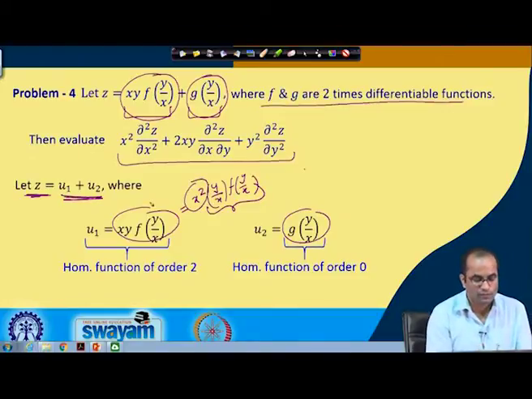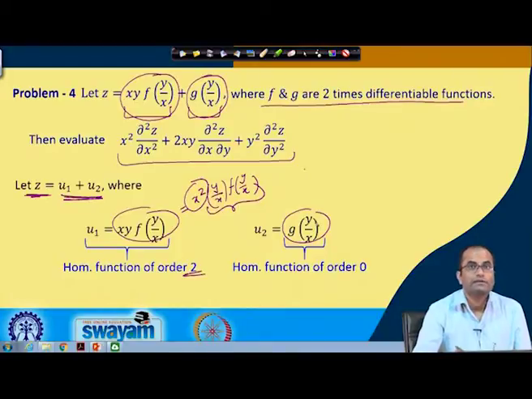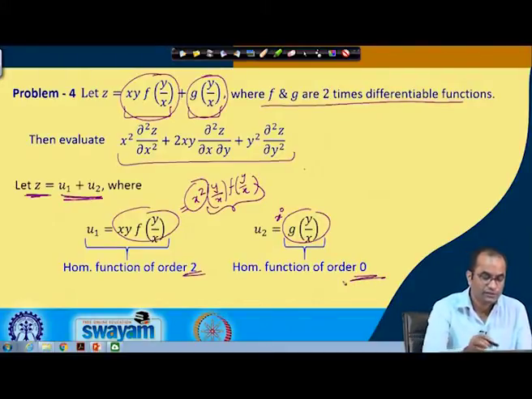So, the order is 2. And in this case g is a function of y over x, and there is no term of x, so x power 0. So, this is a homogeneous function of order 0.